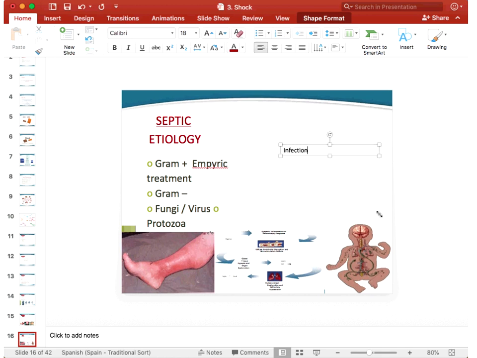First, you must have an infection, right? Then you have the SIRS, which is the systemic inflammatory response syndrome, okay, which is you must have either fever or low temperature, either above 38 or below 35. You must have high white blood cells above 12,000, or very low white blood cells below 4.